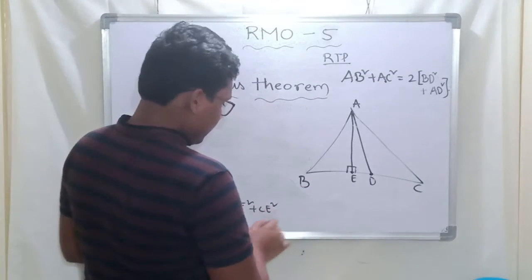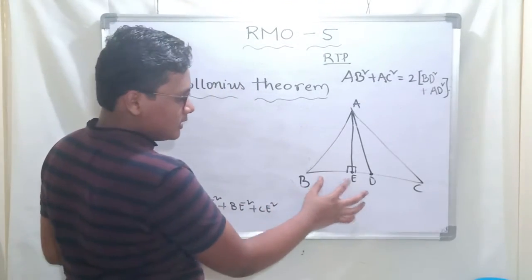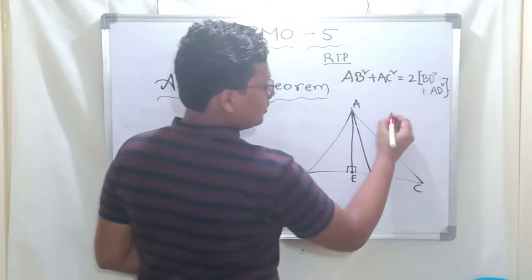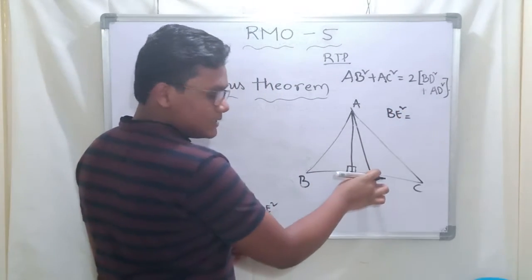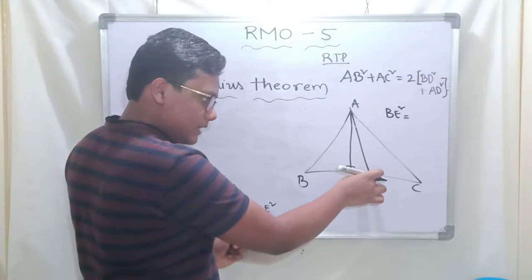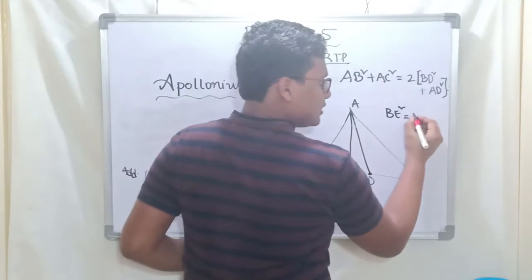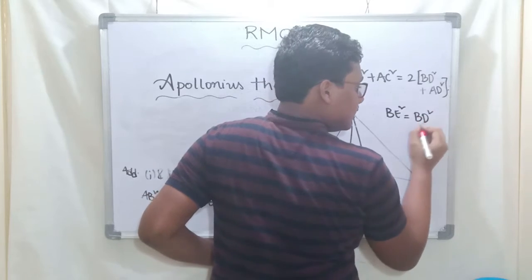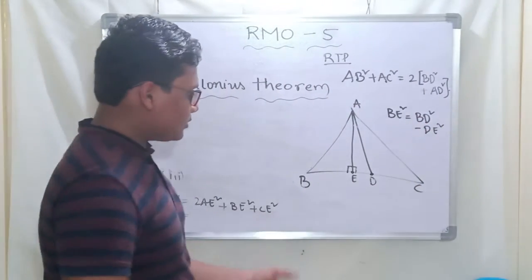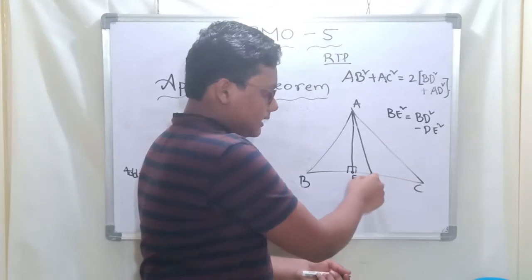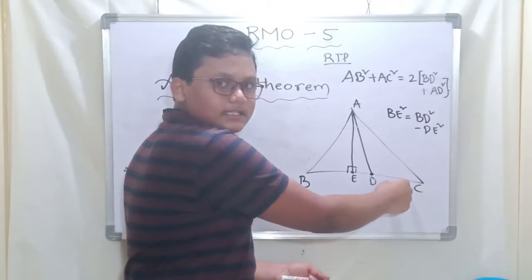See, BE square is equal to BD square minus DE square, because BD minus DE is this part. And CE square is equal to ED square plus DC square.